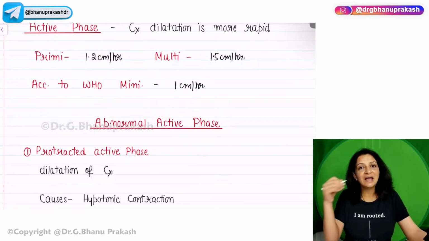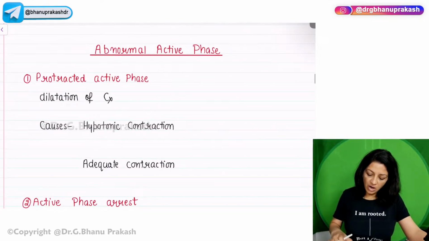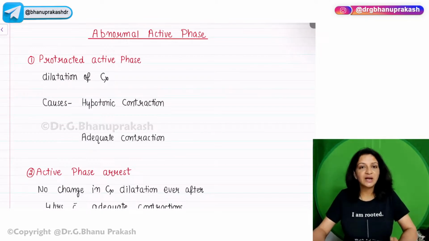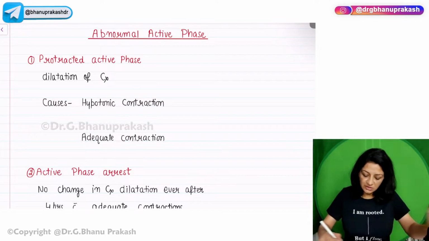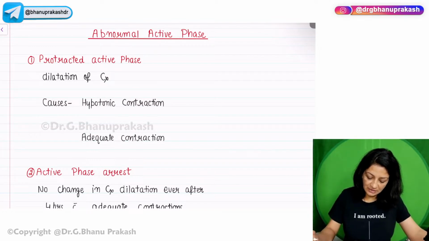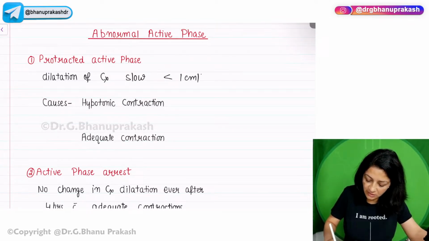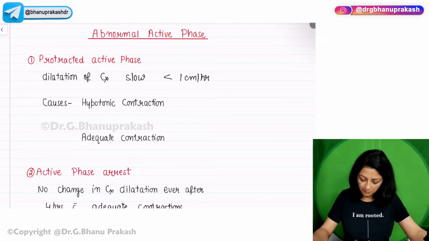So what is abnormal active phase? इसमें हमारे पास आएगा protracted active phase और active phase arrest. Protracted active phase means slow dilatation of cervix, less than 1 centimeter per hour.